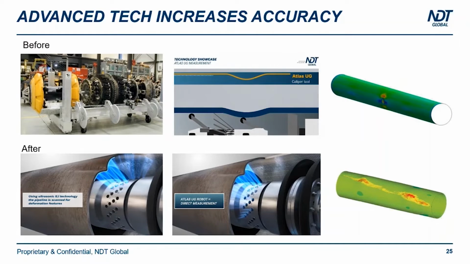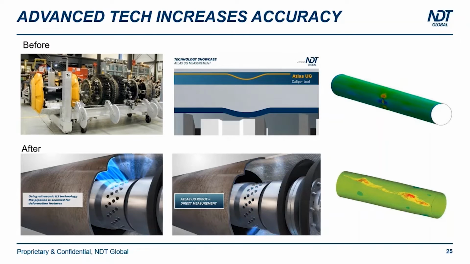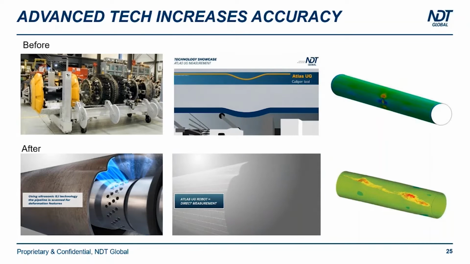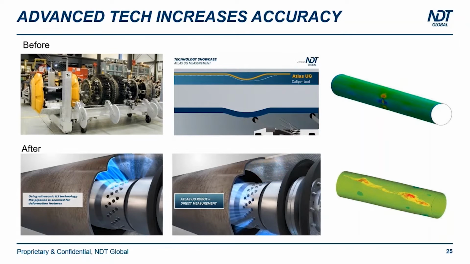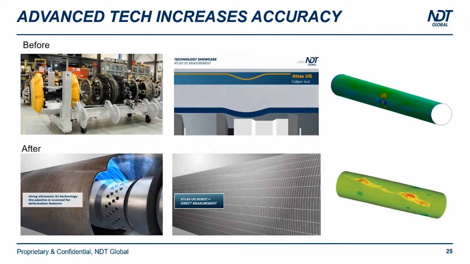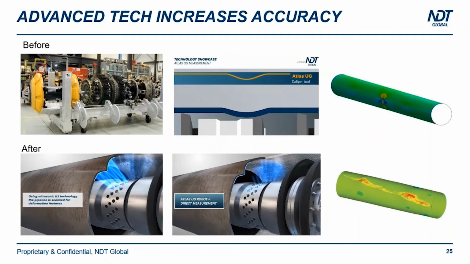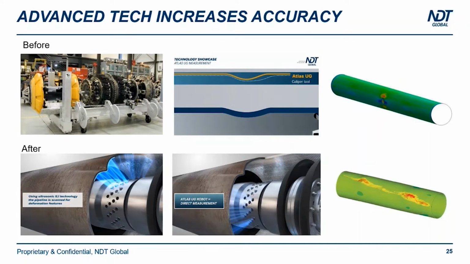So what happens with input data? Input data is the most important aspect of an FEA. So before, we had input data from MFL tools and caliper tools, with which we could provide a good FEA. But there's a lot of variables not being considered with this input data.